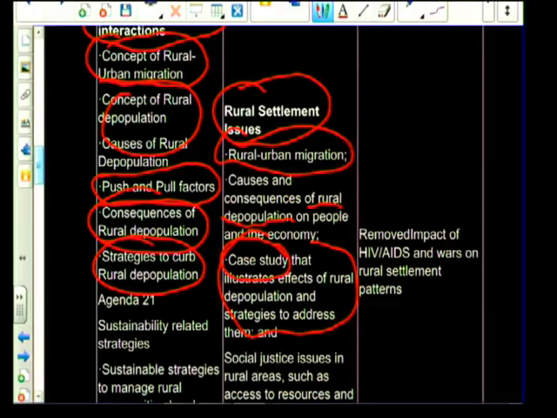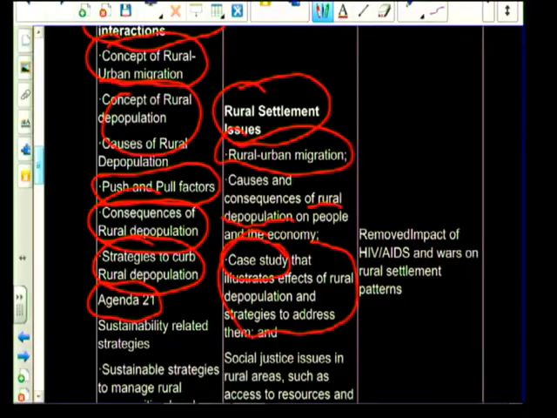I did not put a cross on Agenda 21, because Agenda 21 is a sort of strategy. Okay, learners? So we can use them in the new curriculum if it's tested. You will be able to handle it, just that you don't have to know the specifics of Agenda 21, but you can use it as a strategy, or the things that I've mentioned there can be used as strategy.